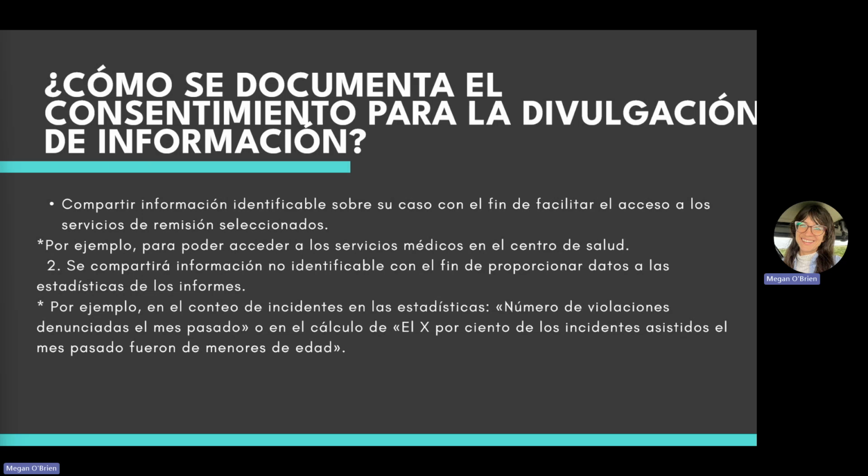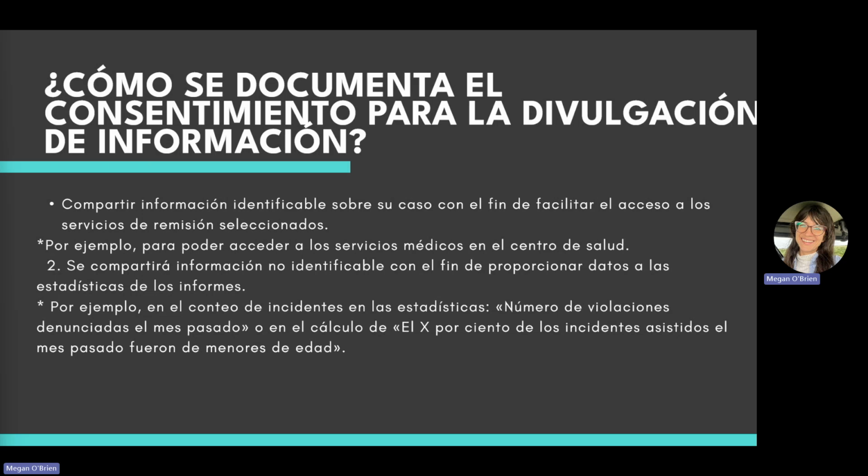How does consent for information sharing get documented? Consent for information sharing is documented in two sections on the consent form. The first one is sharing identifiable information about their case in order to facilitate access to referral services selected.